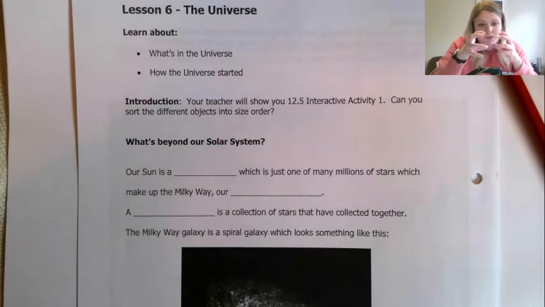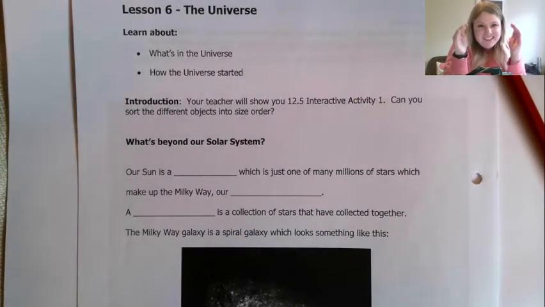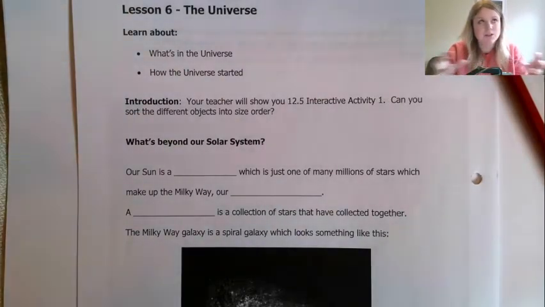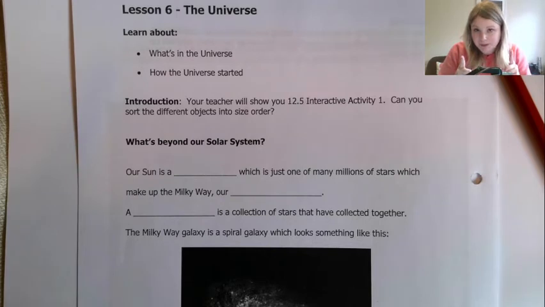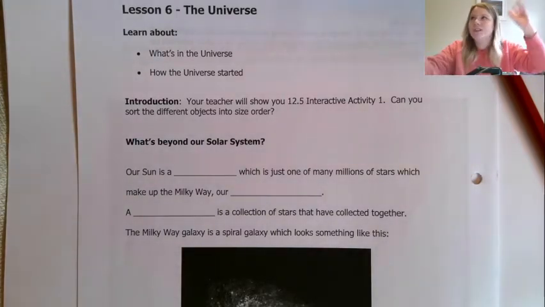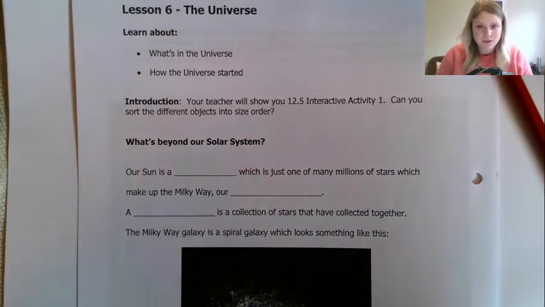Okay, so you've got one star and then around it you have the solar system. Then there's a bunch of those and they're all collected together and that forms a galaxy. But that's not the end of it. There's a bunch of those galaxies and everything all together is the universe.